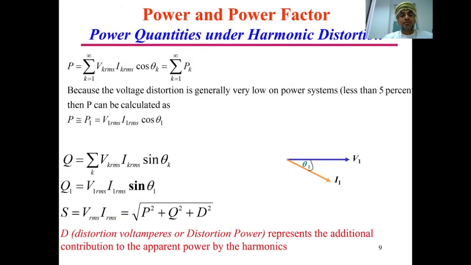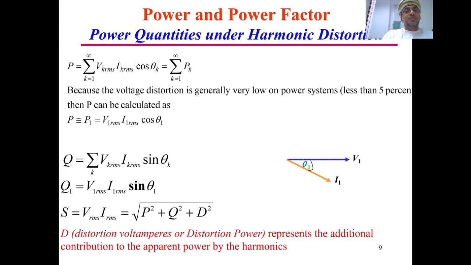But if we have a waveform that contains harmonics, then we have to use another equation, because we have to take the effect of the harmonics into account. Therefore, to calculate the average power, we need to consider all harmonics present in the system.